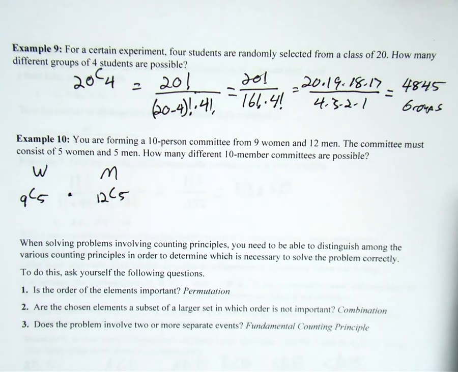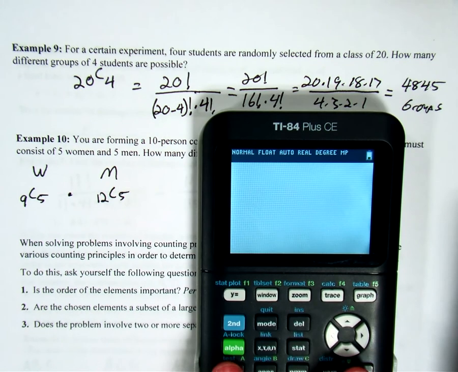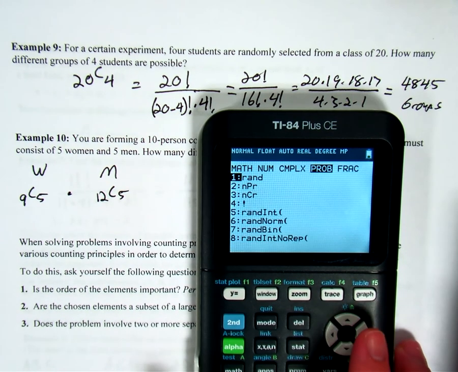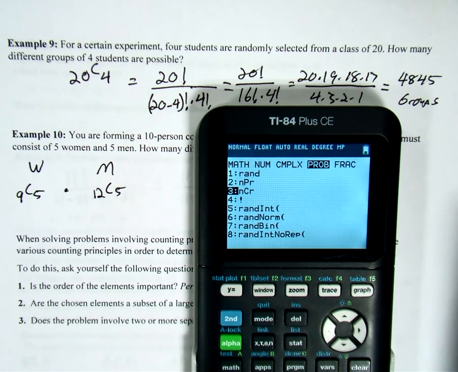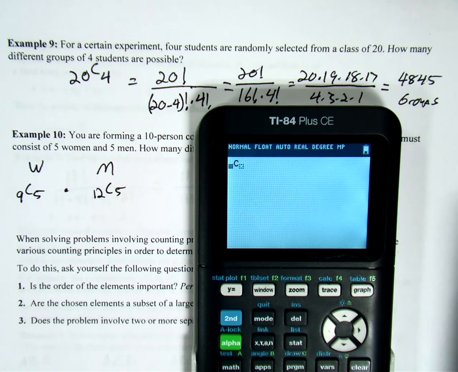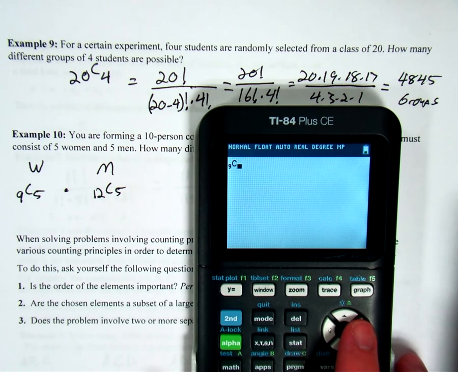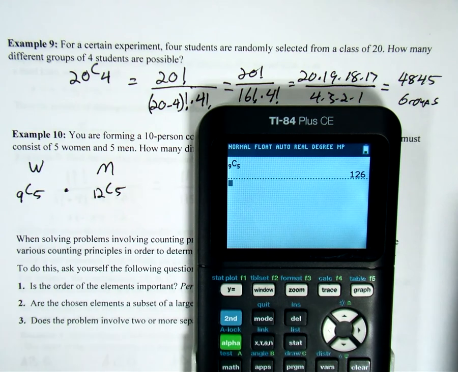To do this on the calculator a little bit faster, we can go to Math, Probability, and we have nPr and nCr. We're doing combinations. So we have 9C5 for 126.